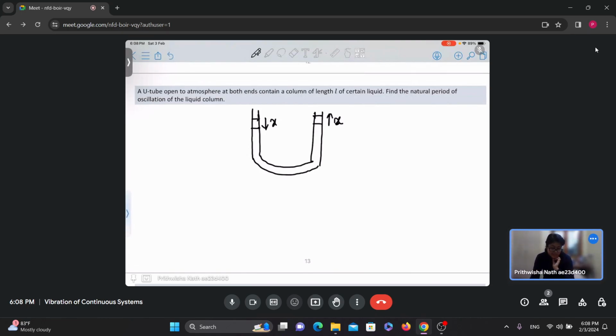At any instant, let the liquid column be displaced from the equilibrium position by this length x, as can be seen from the image.